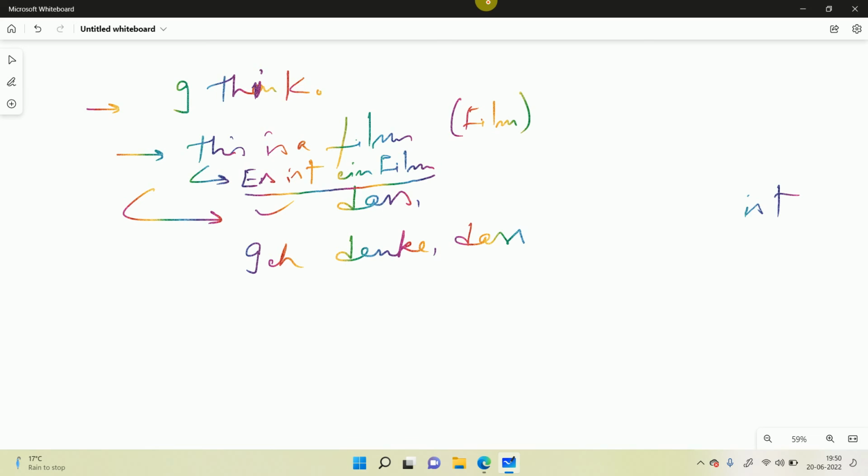Ist is perfect. But then subject should be at the start. Subject, object and verb. SVO. So it would be ich denke, dass es ein Film ist. Okay? So you need to take care about the word orders.